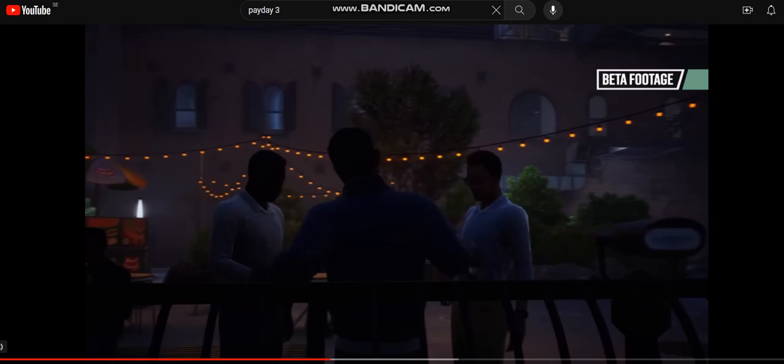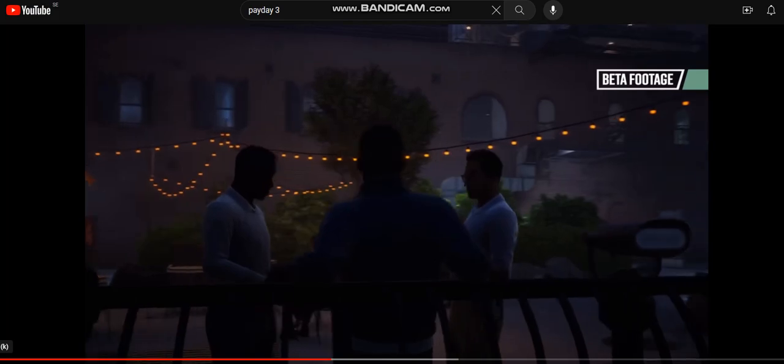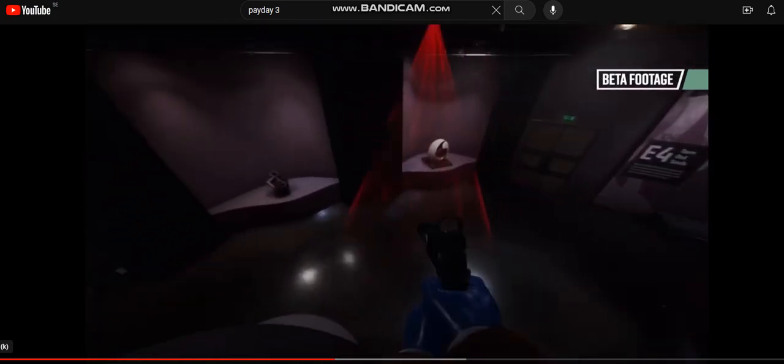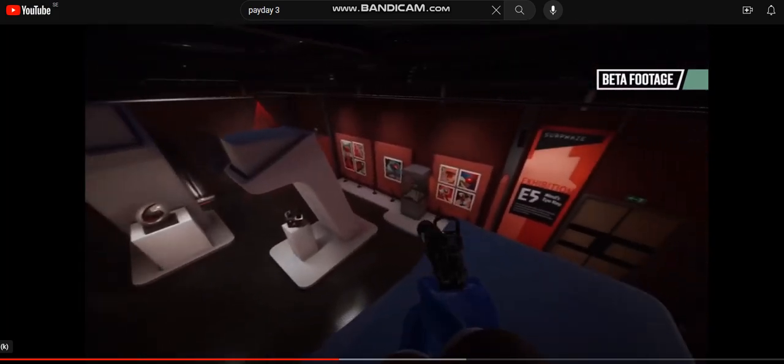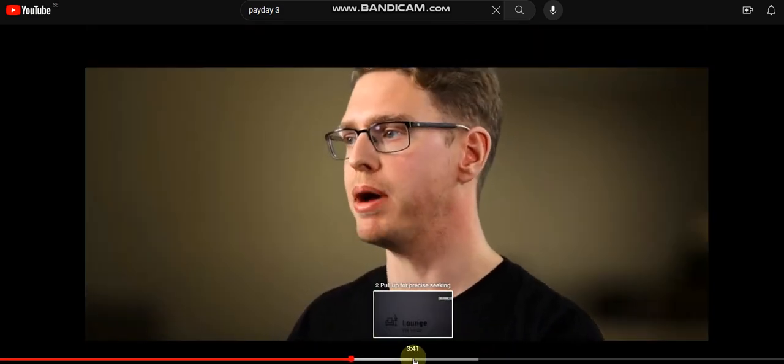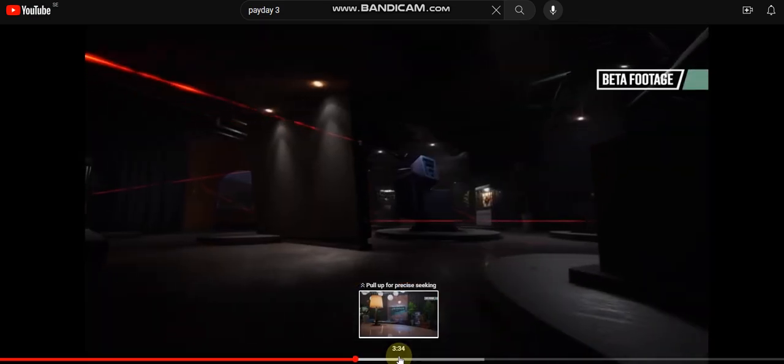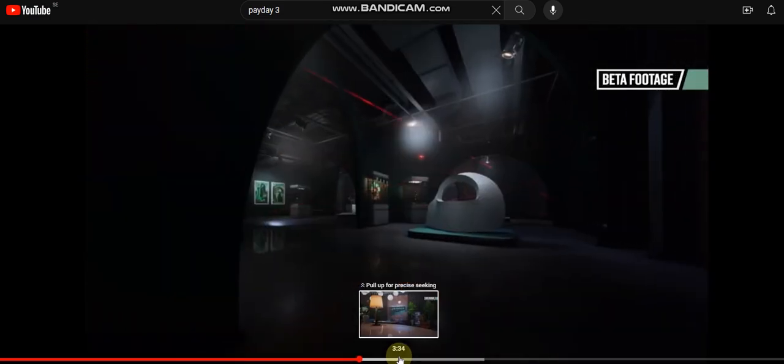So many of the animators want to exaggerate some of the animations just to make it more fun to look at. And I know that some people have been talking about facial animations and expressions, and I'm pretty sure you have seen some facial animations and some expressions in earlier trailers.